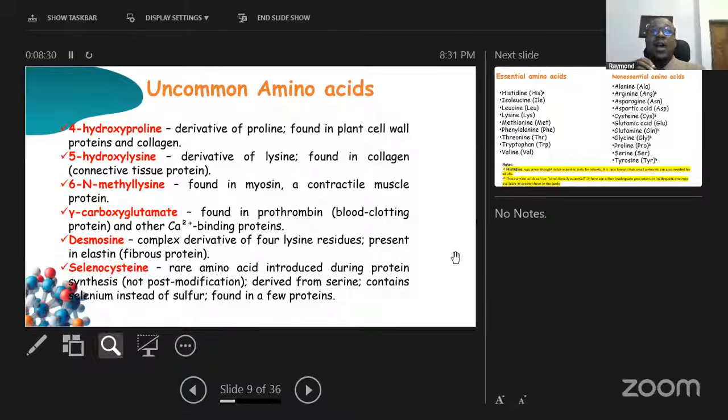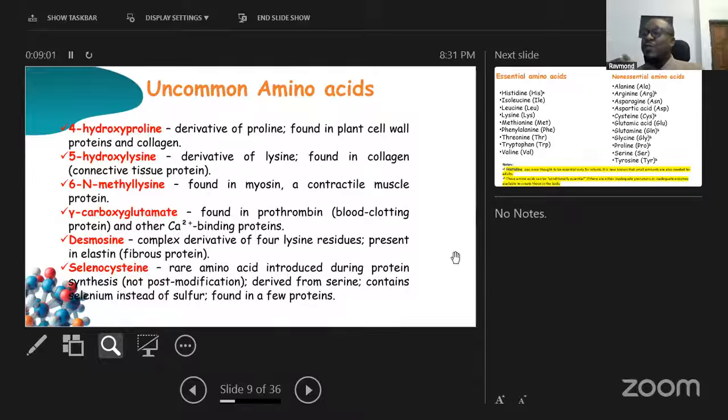Now, these are two amino acids that are modified by post-translational modification. What we mean by post-translational modification is that the protein will be synthesized first. After synthesis, enzymes will then form a hydroxy group on the proline and lysine residues. Vitamin C is important for those enzymes' activity.